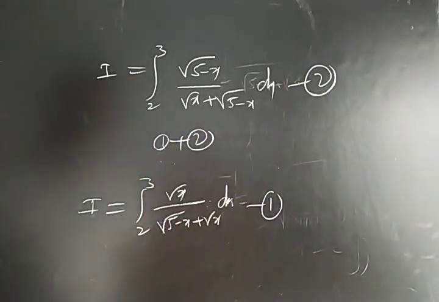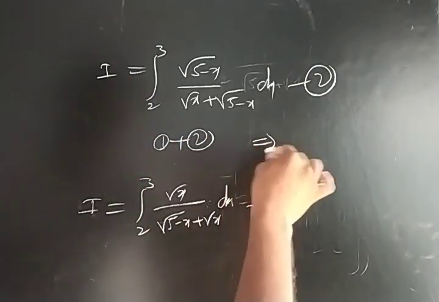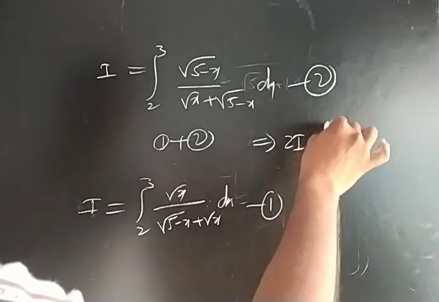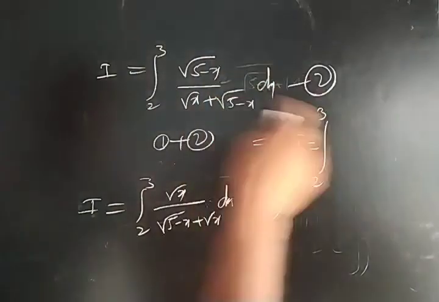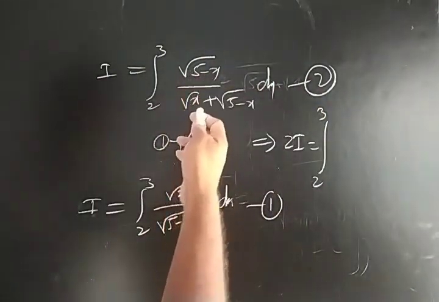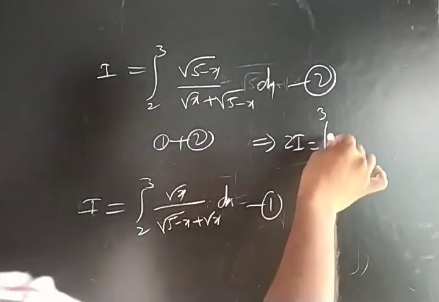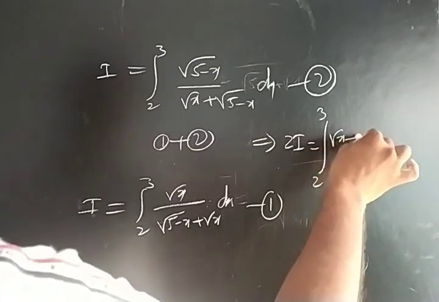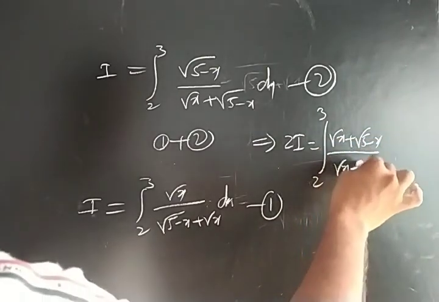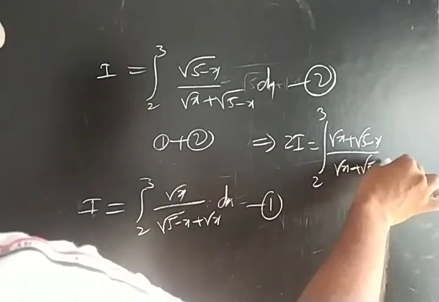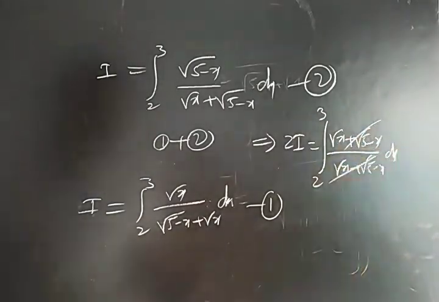On the left hand side we get 2I. On the right hand side, taking the integration common, the denominators are the same, so the numerator becomes root x plus root of 5 minus x by root x plus root of 5 minus x dx. Both are cancelled.